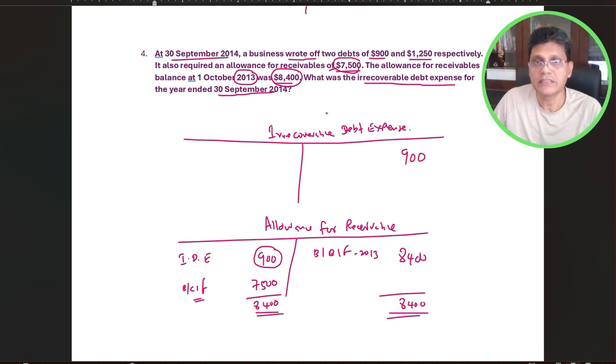Apart from that, they are saying the business wrote off two debts, 900 and 1,250. When you write off, what is the double entry? You need to credit the receivable account, the debtors account. For example, if you have an accounts receivable account, it will usually be a debit balance.